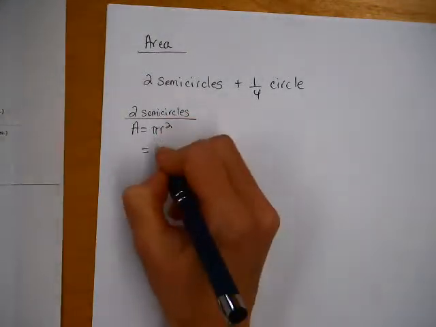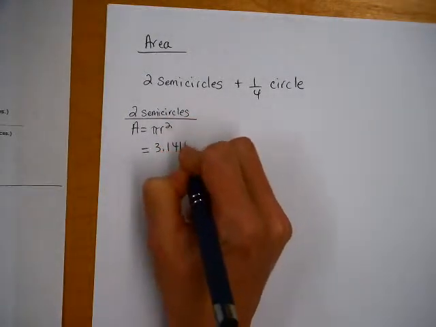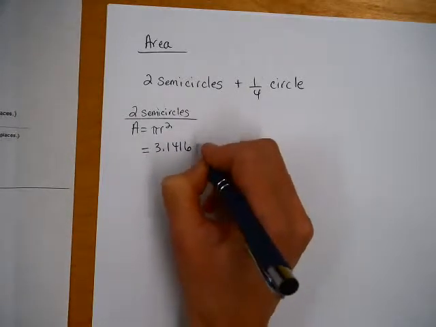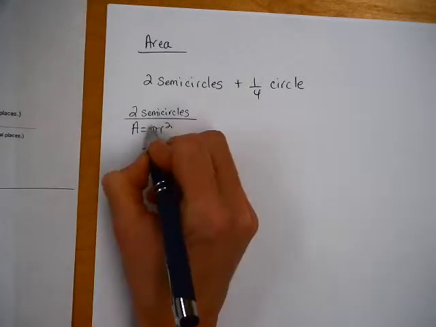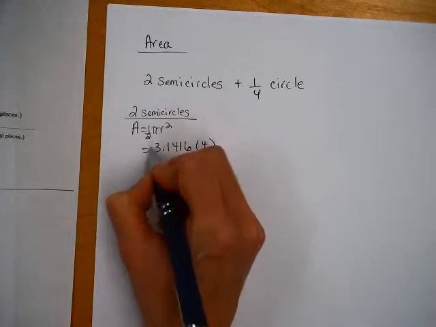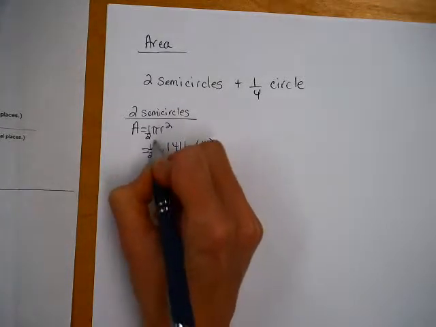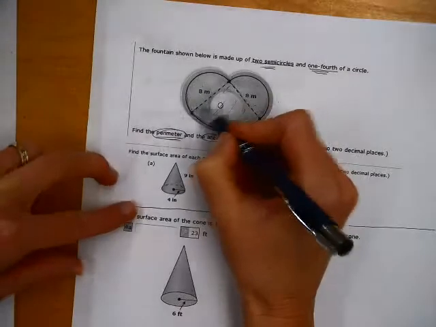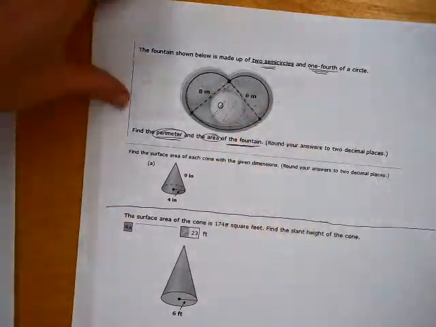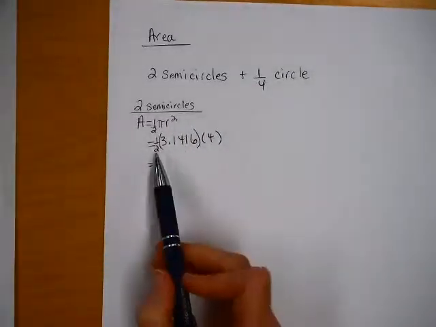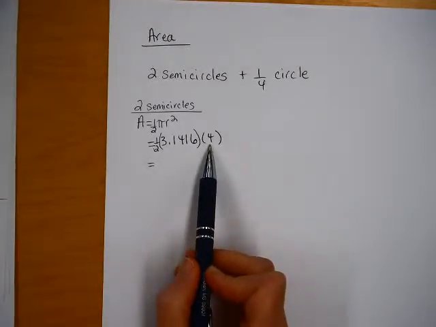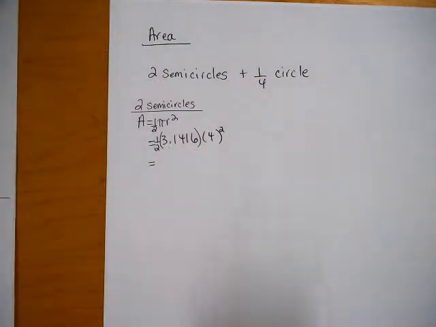So I'm going to do 3.1416 times 4, and again, because these are semicircles, we're going to have to put this 1/2 here in front of it. Okay, because this piece here is only half of a circle. So I'm going to have half of 3.1416 times 4 squared, because my radius is 4.